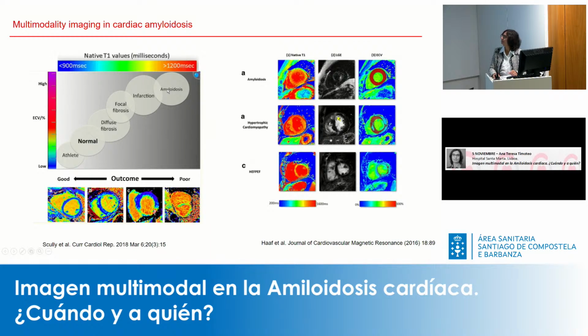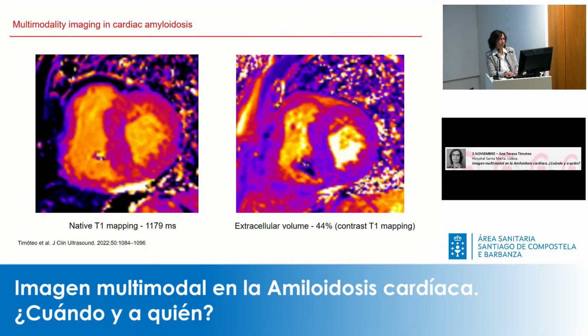So it can be very, very helpful for this diagnosis. In this example, for instance, compared to hypertrophic cardiomyopathy and HFpEF, we have a very high native T1 and very high extracellular volume, and also late gadolinium enhancement. So this can be very helpful to support diagnosis of amyloidosis.